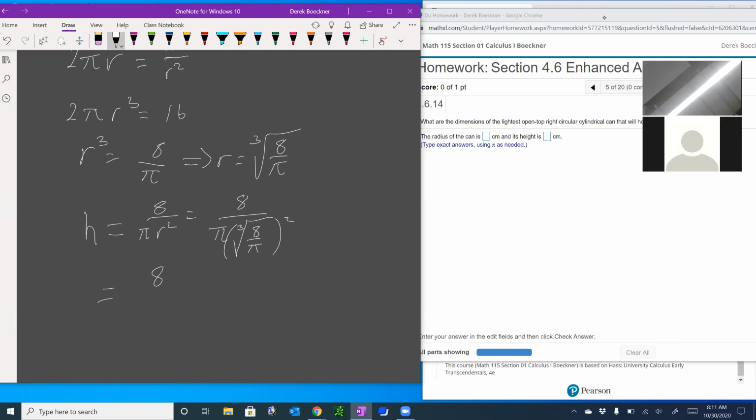I've got 8 on top. I've got a pi to the 2/3 up there. I've got a pi down here. I've got an 8 to the 2/3 down here. So really that's also the cube root of 8 over pi.